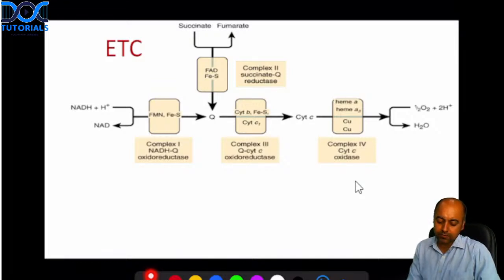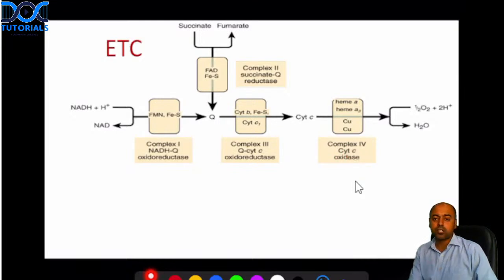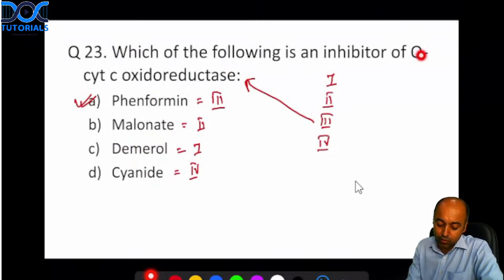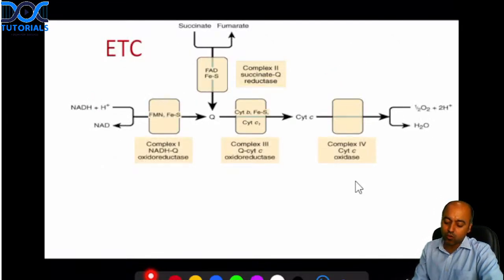Complex 3 known as Q cytochrome C oxidoreductase. Complex 2 known as succinate Q reductase, and complex 4 known as the cytochrome C oxidase. So 3 is Q cytochrome C oxidoreductase, which is asked in the exam, and 4 would be cytochrome C oxidase. So if you go back to the question, they've asked Q cytochrome C oxidoreductase, complex 3, which is inhibited by fenformin.